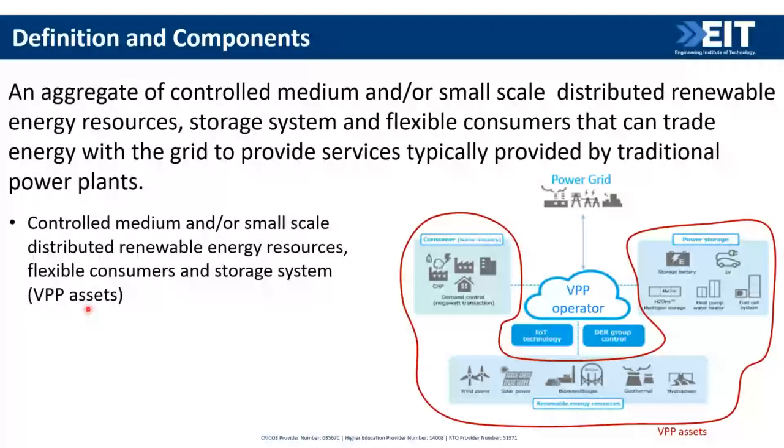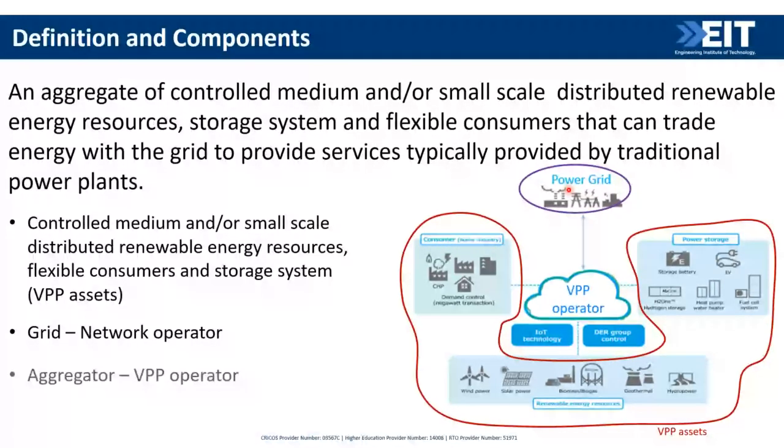Now, another VPP component is the grid that you can see in this figure on top. So the grid or network operator. And finally, the last VPP component is an aggregator. From the definition, we know that it should be aggregated.